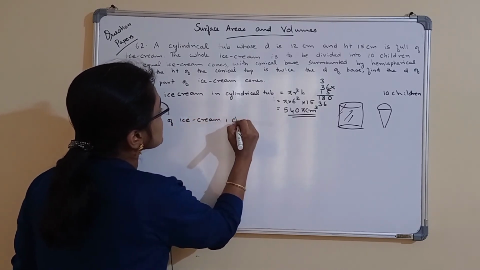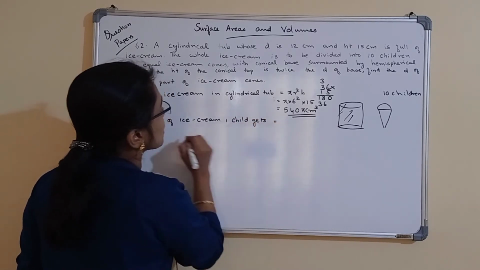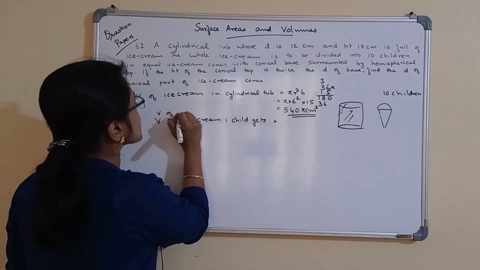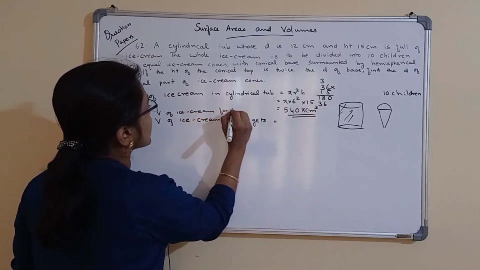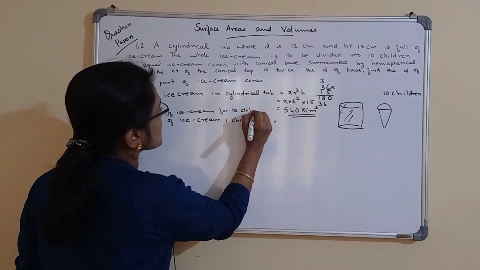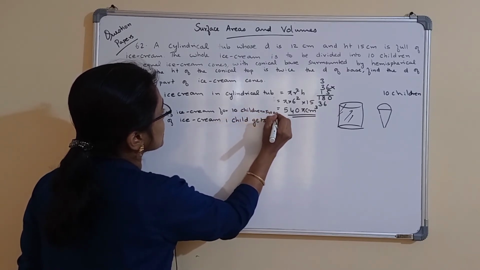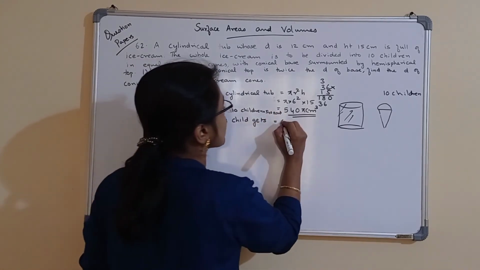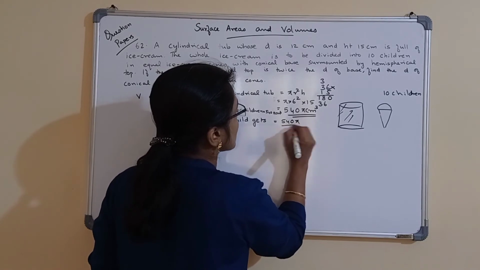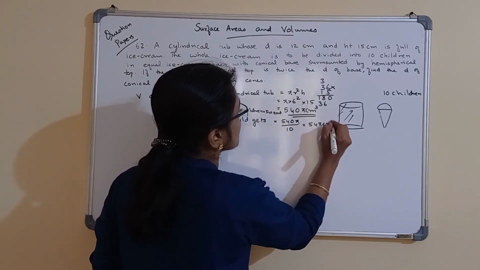So volume of ice cream one child gets is, or we can write, volume of ice cream for 10 children is equal to 540 pi centimeter cube. So volume of ice cream one child gets is 540 pi by 10, which is equal to 54 pi centimeter cube.